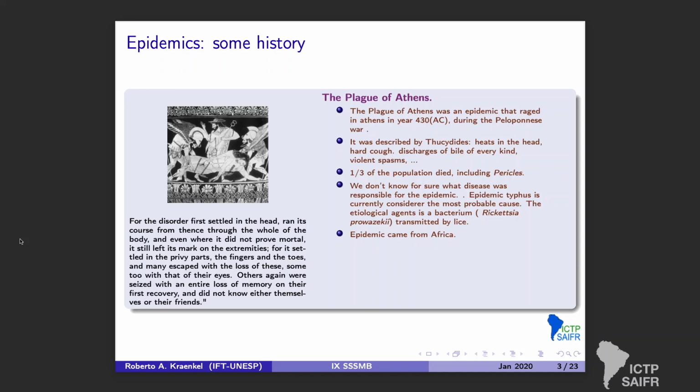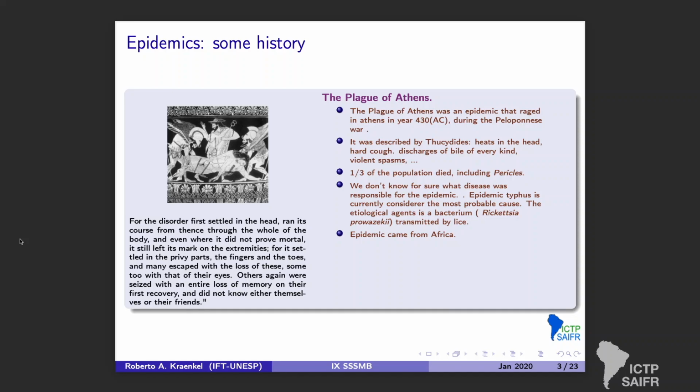This was at the time of the Peloponnesian War, and the father of history, Thucydides, described it as having heats in the head, hard cough, discharges, and one third of the population died. One third, including Pericles.